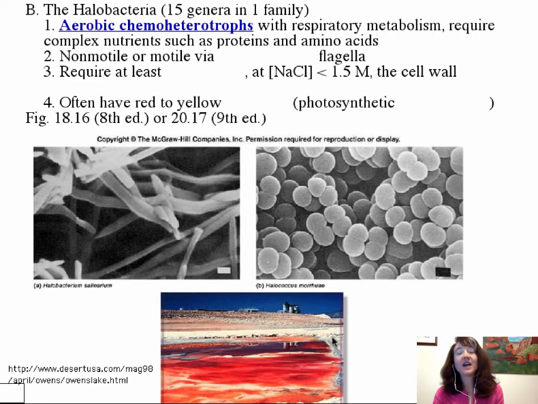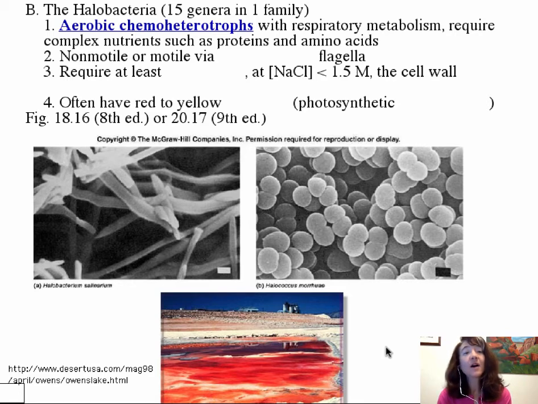And the halobacteria actually require this in order to grow. So they require like 20 to 25% sodium chloride in order to live. Their cell walls will disintegrate if they don't have that much salt. These are mostly aerobic chemoheterotrophs, they generally degrade things that are organic, and they're well known for being able to utilize pyruvate directly in their metabolism, so you can think about where that enters into catabolism.